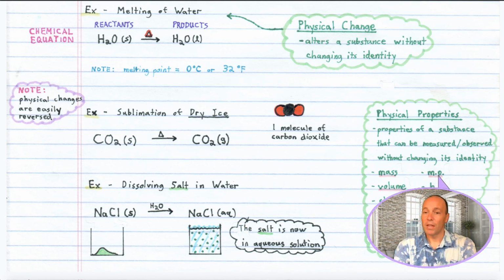You can look at its melting point. At what temperature does it melt? Water melts at 0 degrees Celsius. Other substances have their own melting point, and you can observe this without the substance changing its identity. You can also observe its boiling temperature, its boiling point, and also whether it dissolves in water, its solubility. So lots of physical properties out there.